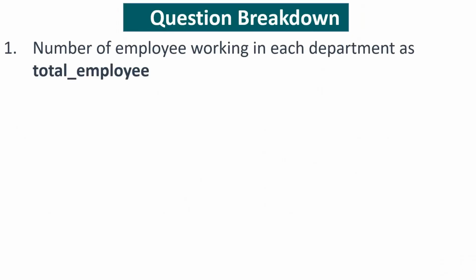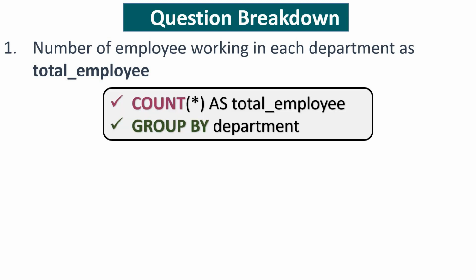Our first step is to find the number of employees working in each department as total employee. To get the number of employees, we will write count star, and here we want the output column name as total employee. So we will write an alias for count star as total employee, and we want the number of employees in each department, so we will write group by department.